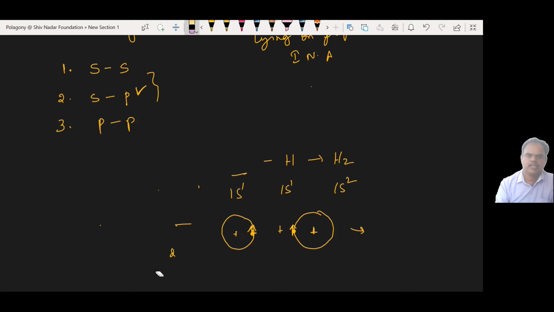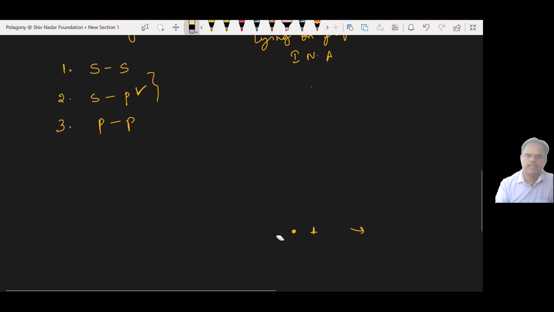For this, we take an example of a molecule where one atom has an s orbital and another atom has a p orbital in the valence shell. To understand sp orbital overlap, I'm taking one atom as hydrogen, which contains one s orbital, and the other atom as chlorine, to form HCl.